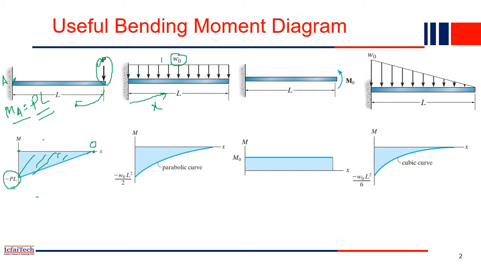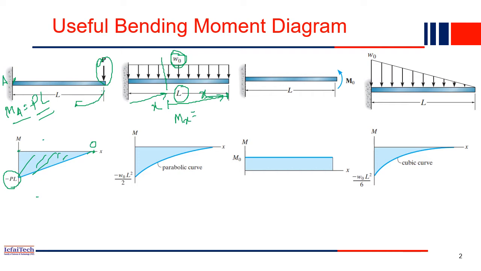At a distance of x, if you take a section, then how much will be the moment? We are computing Mx at a distance of x from this corner.